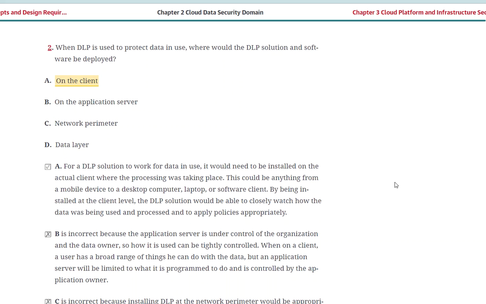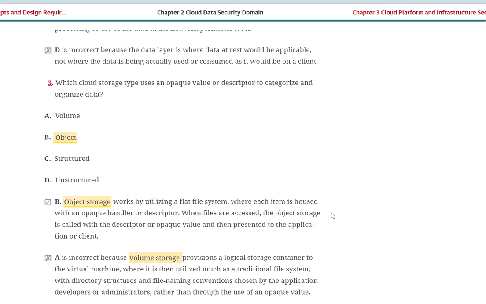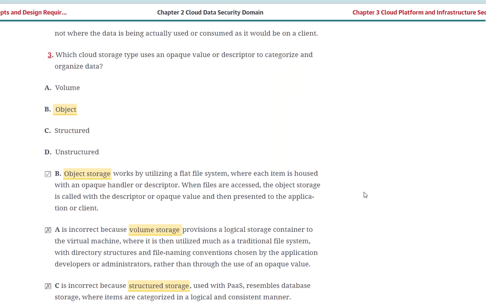And the correct answer is on the client. Question number 3. Which cloud storage type uses an opaque value or descriptor to categorize and organize data? And the correct answer is object.